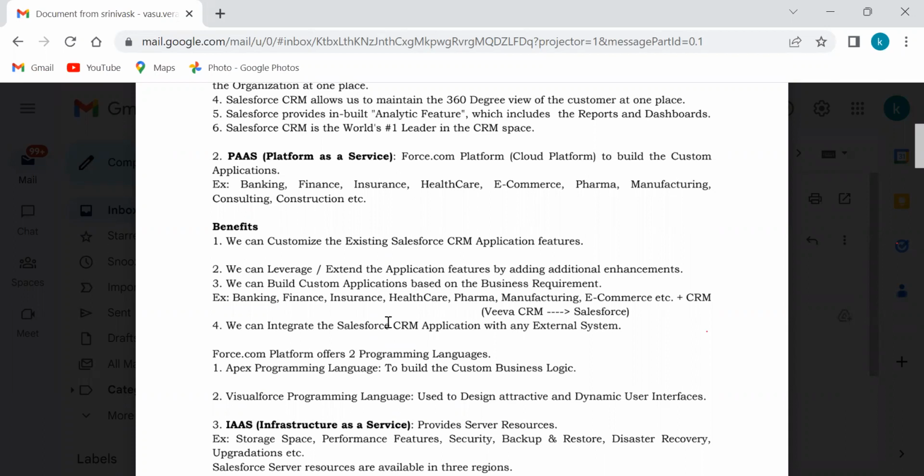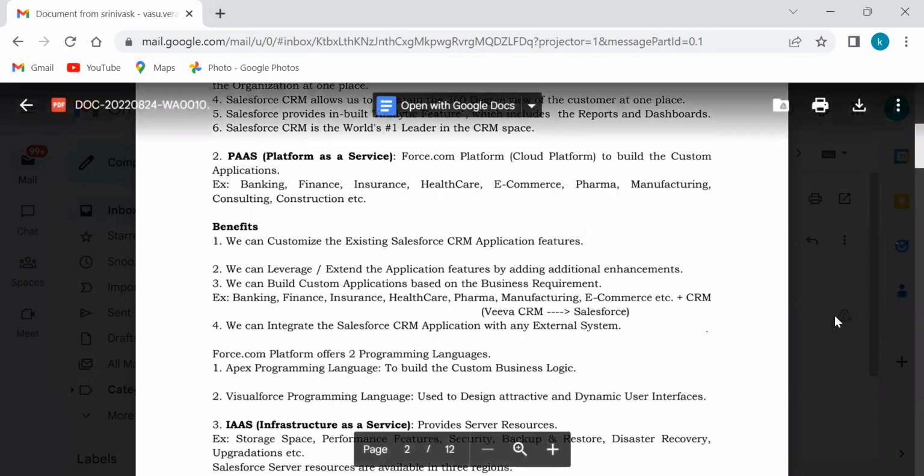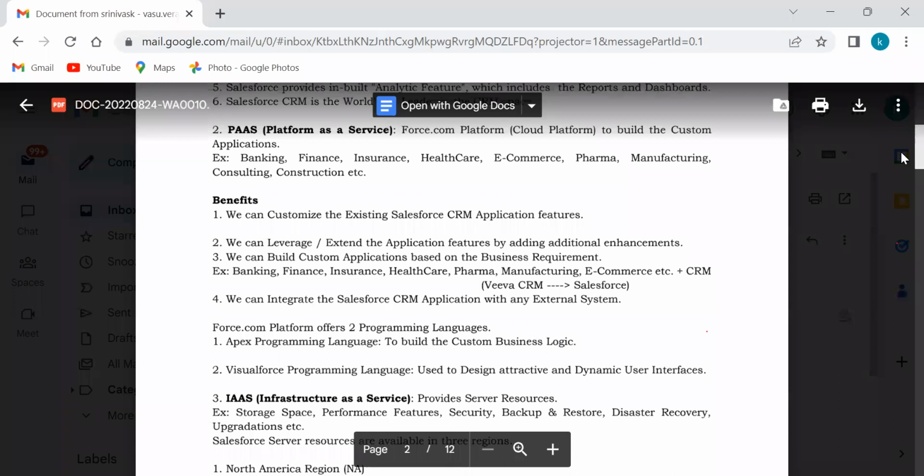Integration is a process of providing communication between two disparate systems in order to exchange some data, or share some data, records or business logic. So by using the Force.com platform, we can integrate our Salesforce application with any external application. These are the benefits of the Force.com platform, and that is about platform as a service.